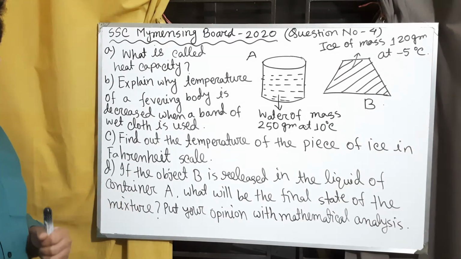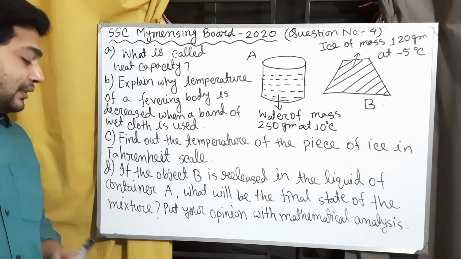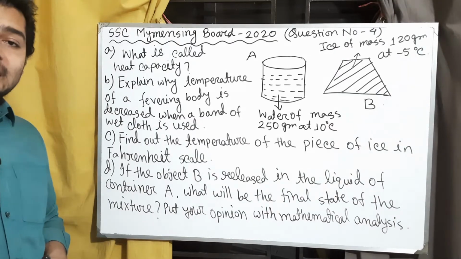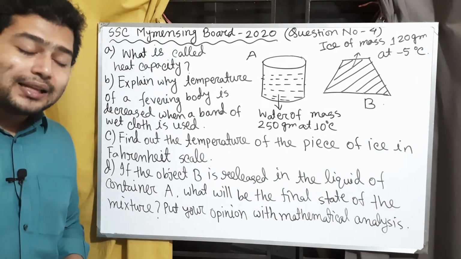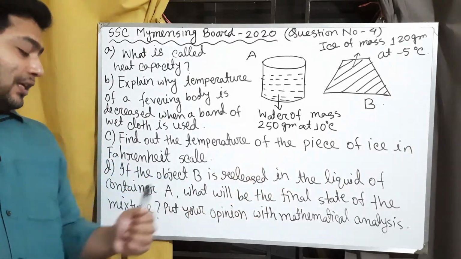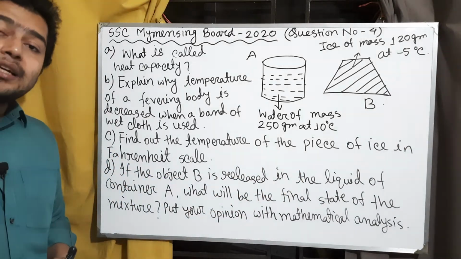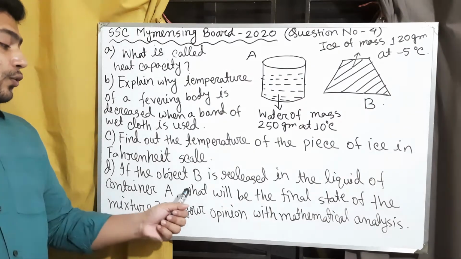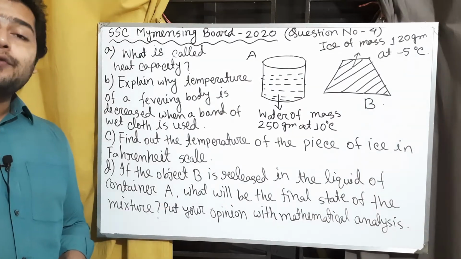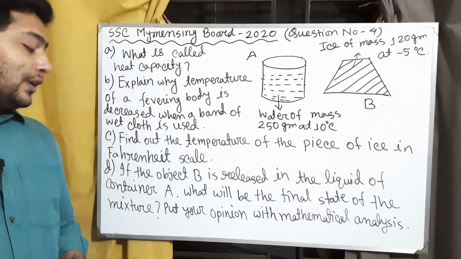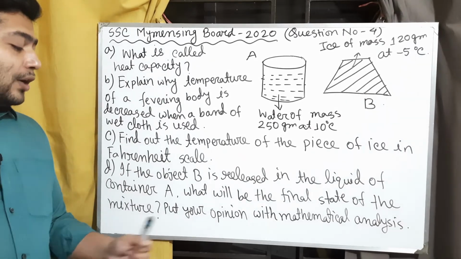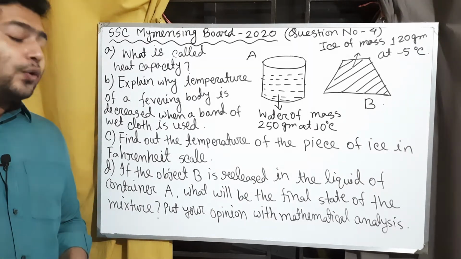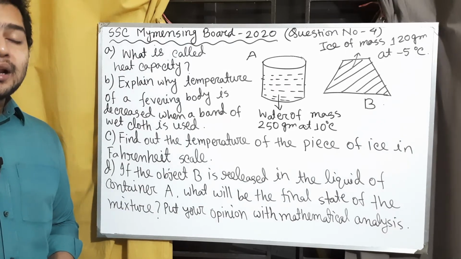And question D, if the object B is released in the liquid of container A, what will be the final state of the mixture? Put your opinion with mathematical analysis.